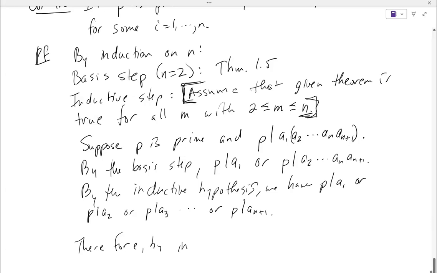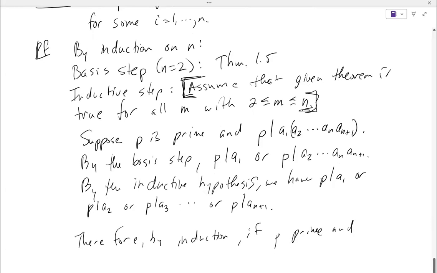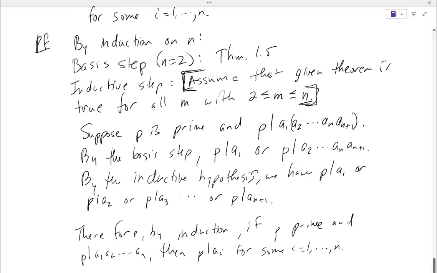by induction, basically I'm just restating the theorem. If P is prime and P divides a product, then P divides AI for some I from 1 to n, for all n.